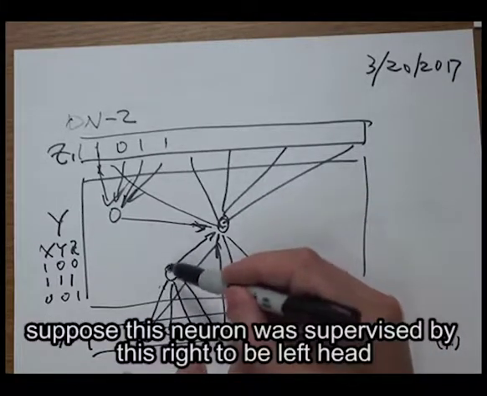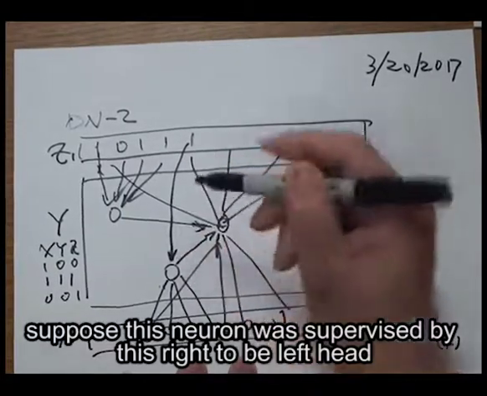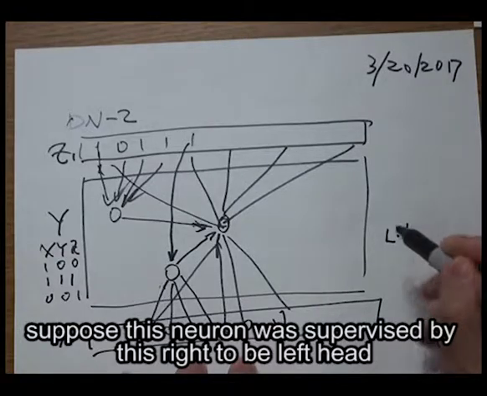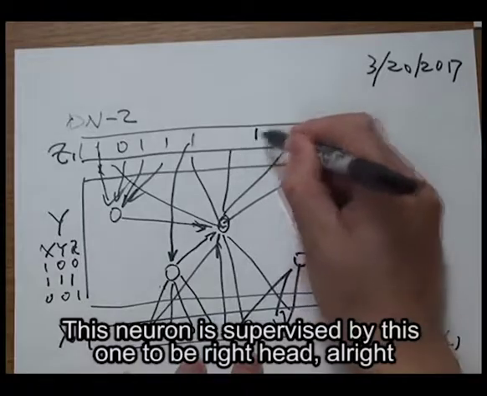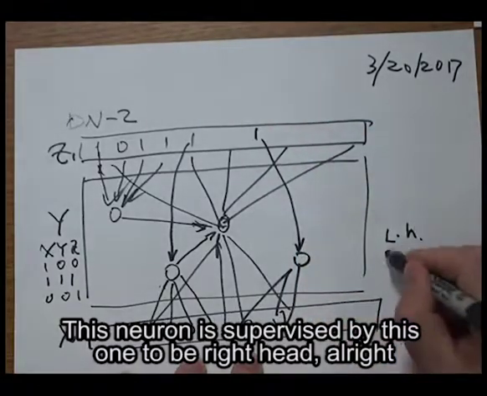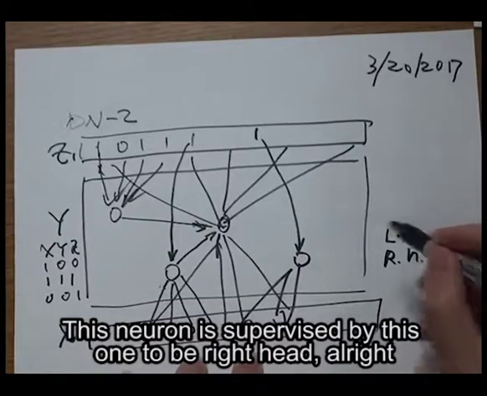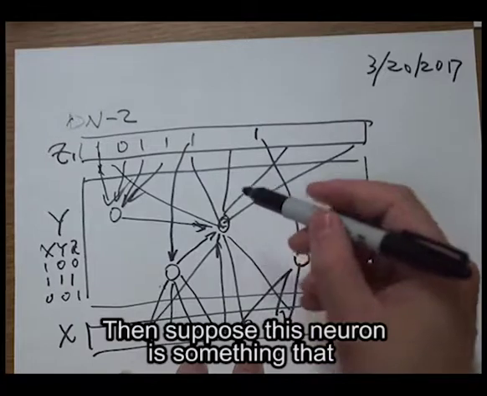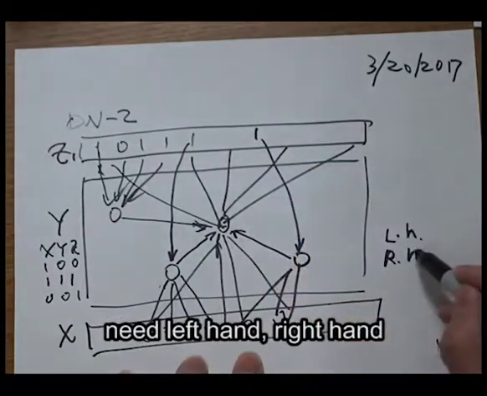Suppose this neuron was supervised by this to be left hand. All right, this neuron is supervised by this one to be right hand. Then suppose this neuron is something that needs left hand or right hand.